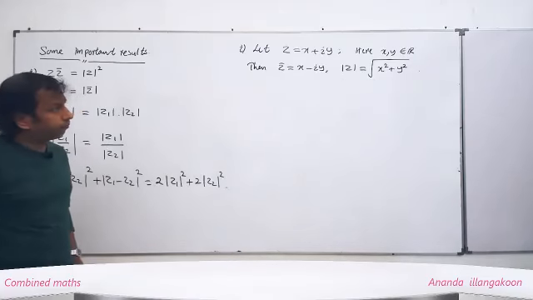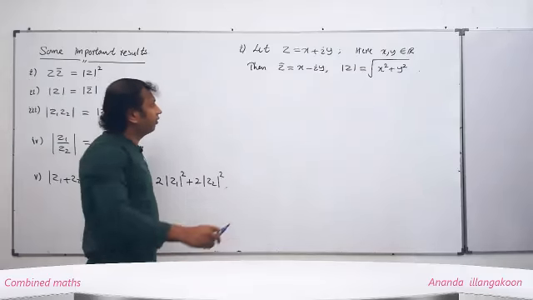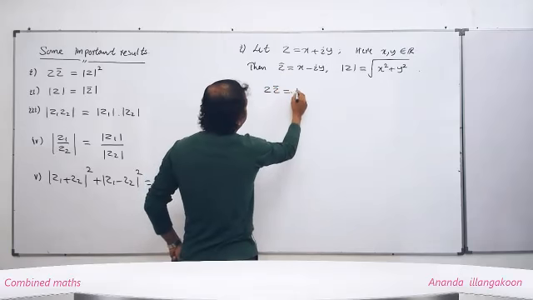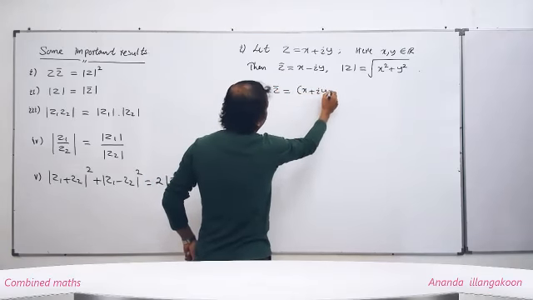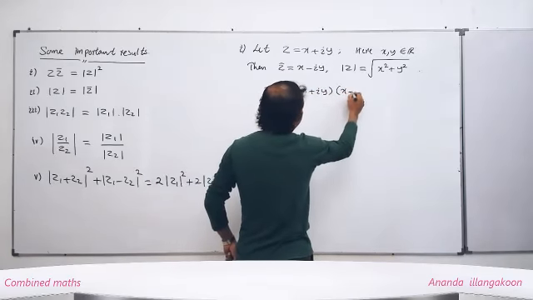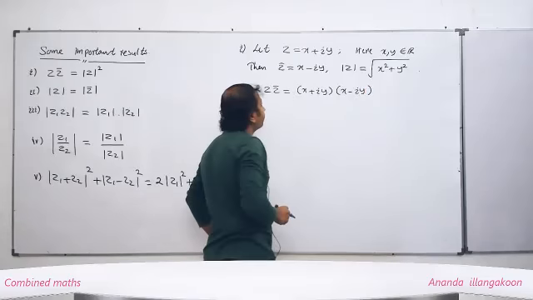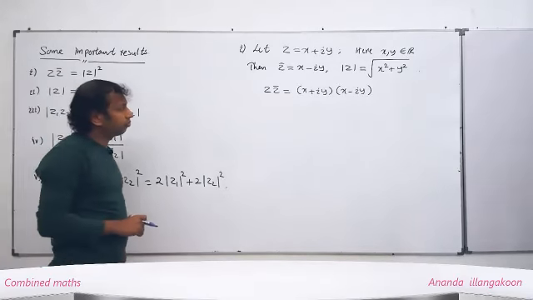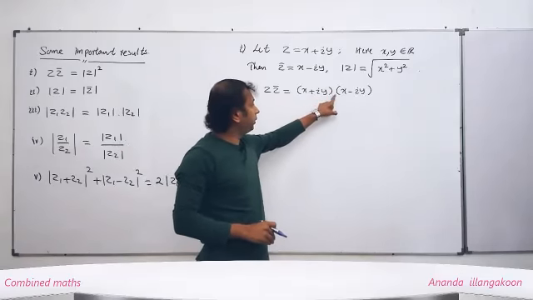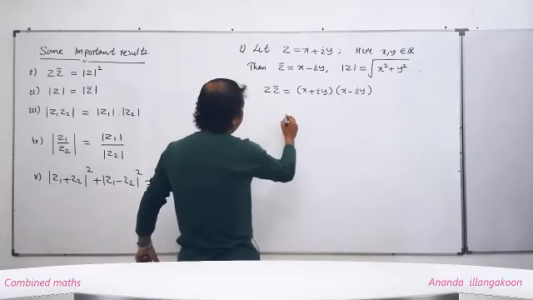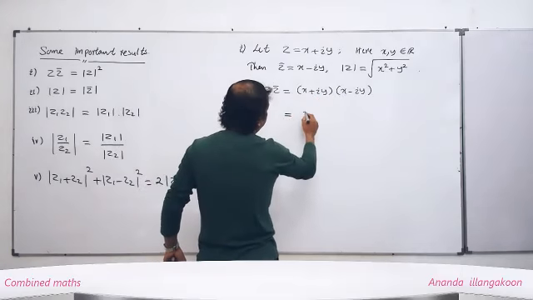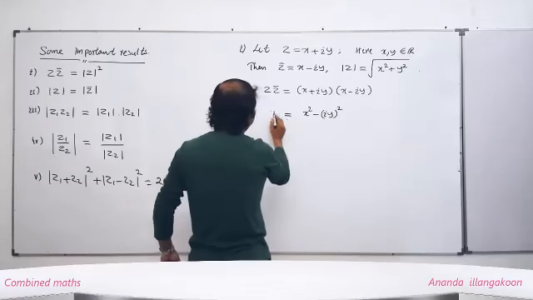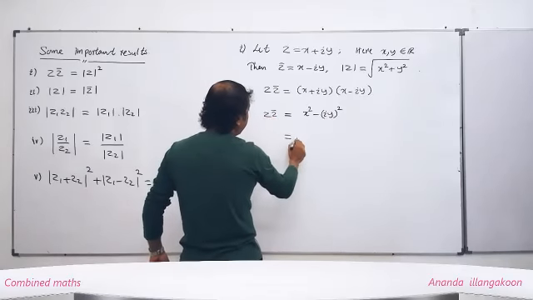This we know. Then I'm going to multiply, people, this z and z bar. x plus iy times x minus iy, right? Now this is a plus b into a minus b. That is nothing but a squared minus b squared, which is x squared.